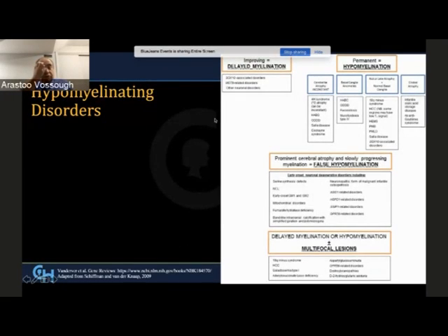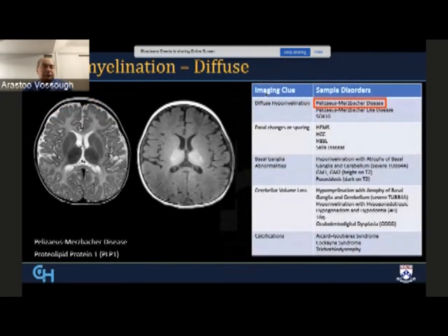So moving on to hypomyelinating disorders, this is part of the algorithm that Adeline showed, and we have the hypomyelinating disorders. We have demyelinating. There's some disorders that have a predictable slower pace of myelination, and if we can categorize patients into hypomyelinating disorders, we have a smaller category, and then we can use certain features to help us with nailing the diagnosis.